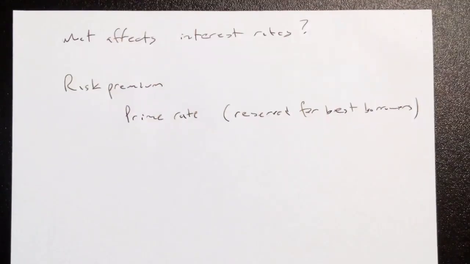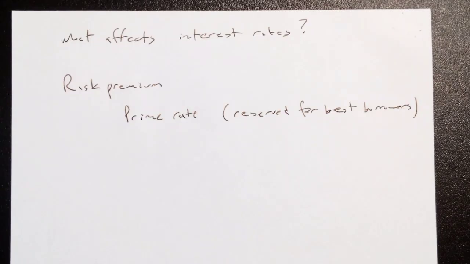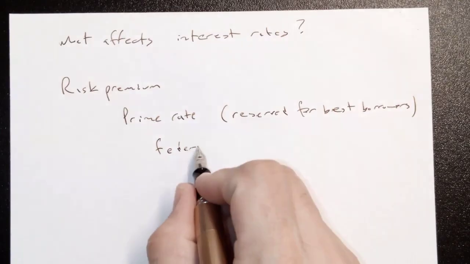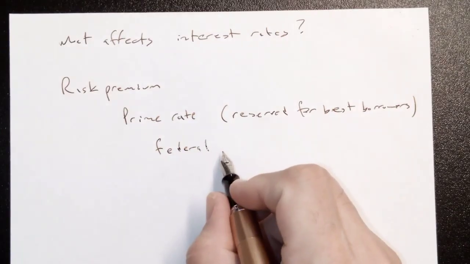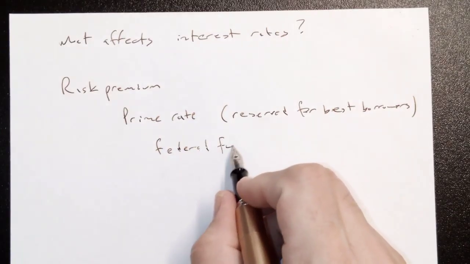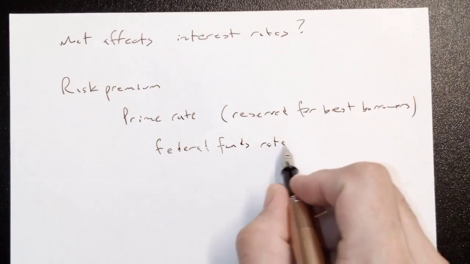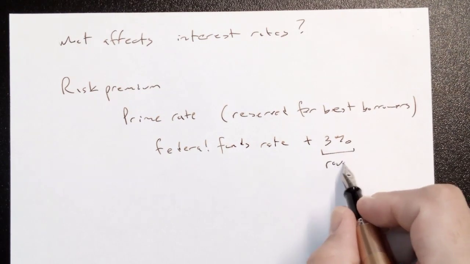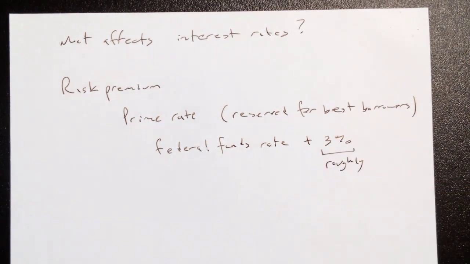So if the federal government is saying that the interest rate for borrowing money from the Fed is 3%, then this will be like 5 or 6%. That cushion is a little bit variable, depends on the bank.